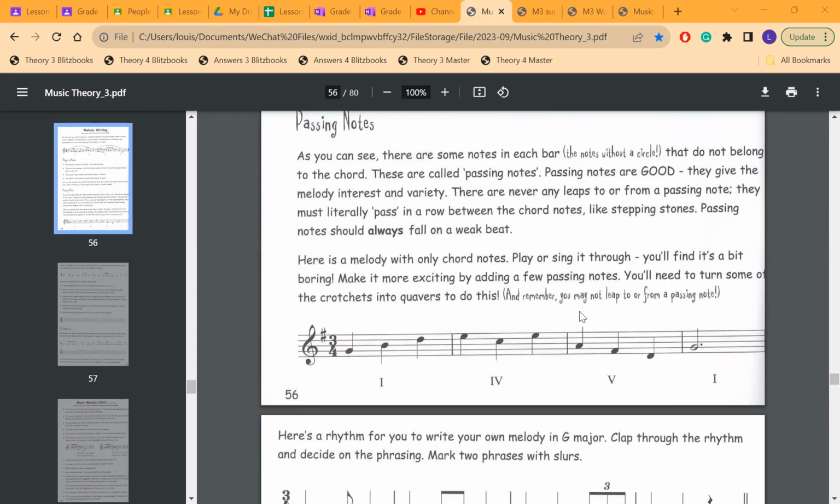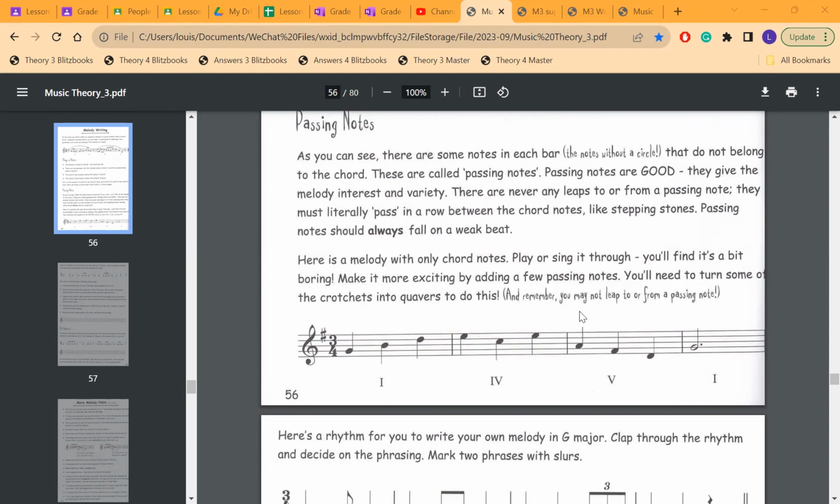They add a bit of melodic interest and variety, and you can't leap to or from a passing note. They only serve to pass between chord notes, and you can only have passing notes that fall on a weak beat.